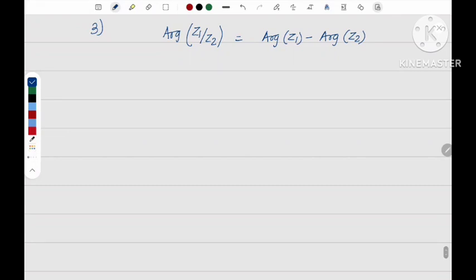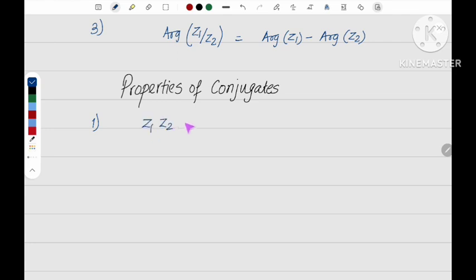next thing we will see properties of conjugates. And the first property that we will see is conjugate of multiplication of various complex numbers.